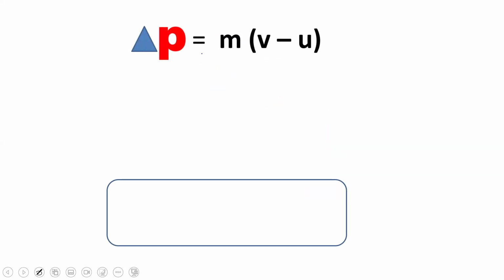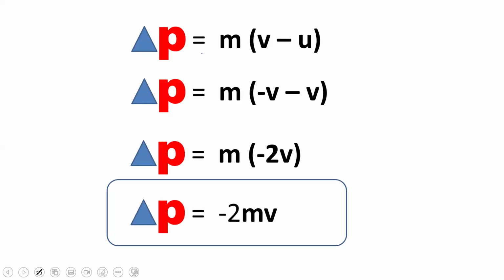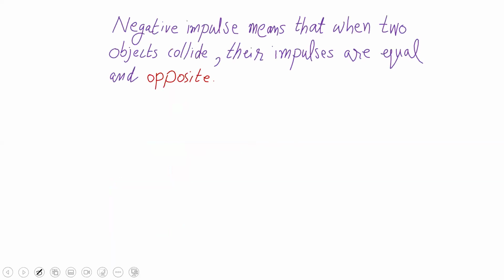So this is impulse. Delta P is equal to m bracket v minus u. As the rebound velocity is negative, I will get impulse equal to minus 2mv. Why is it 2mv? Because it's a rebound case. The minus is a sign.